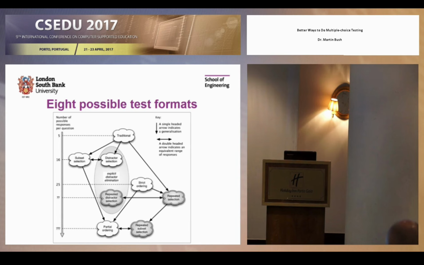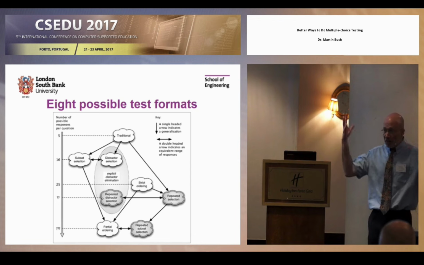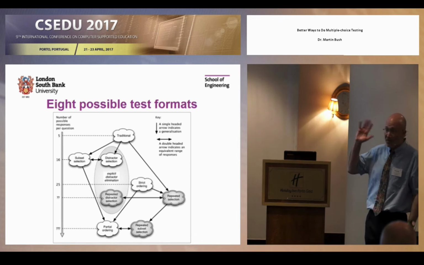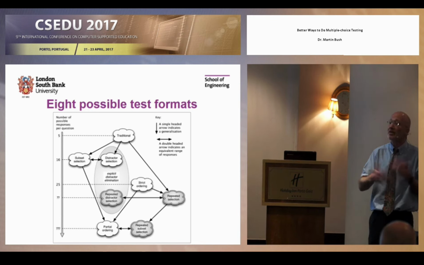With partial ordering, with the sliders, well, I couldn't even figure out how many. Maybe I didn't spend long enough trying to do that, but there's a much bigger vocabulary of responses that students can give you. And it's still from the same question. You haven't changed the questions. You've still got the same questions. You're just using these questions in a more imaginative way.